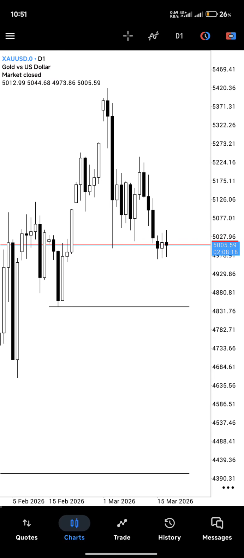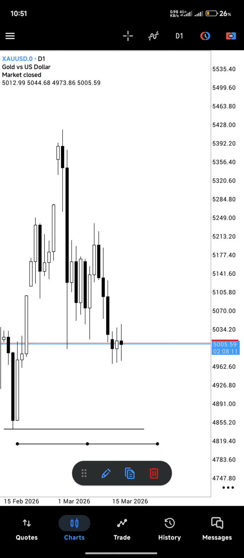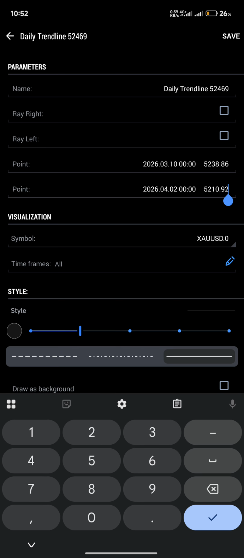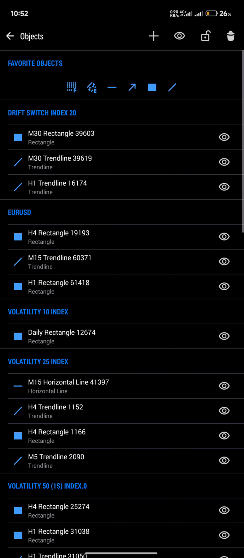Now because this is the daily time frame, I want to take note of this area. Just like I explained on the bearish candle, let me say this again.